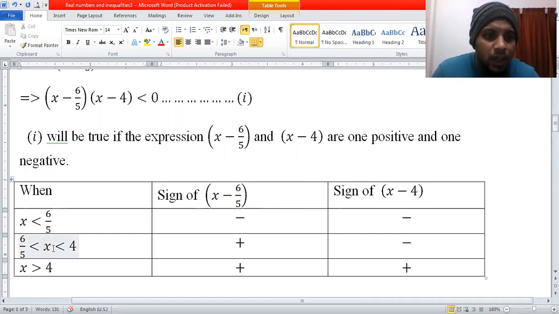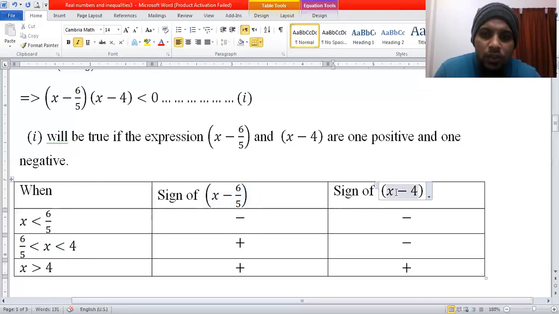Okay, we are considering the value of x greater than 6/5 and less than 4. If it is greater than 6/5, then x minus 6/5 will be positive, because, say for example, 2 minus 6/5 gives a positive value.